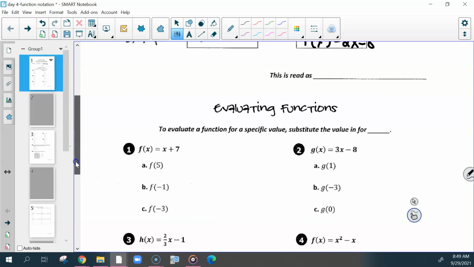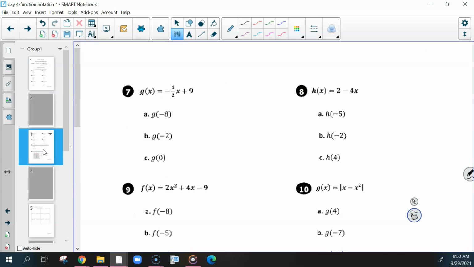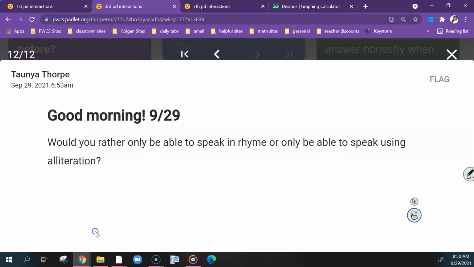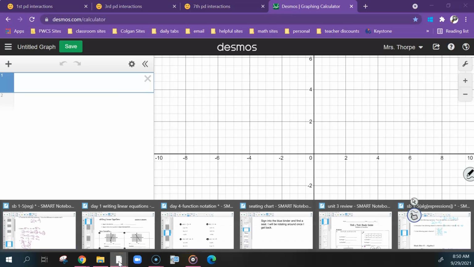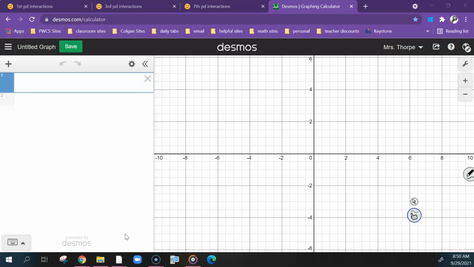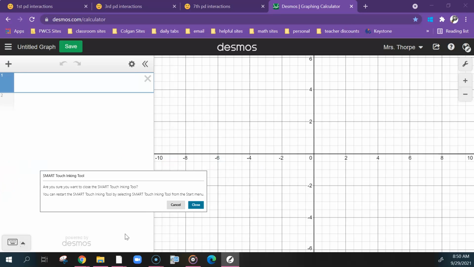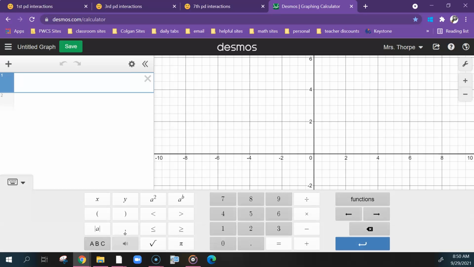The one where you're finding x or the one where you're finding y? That's number 8. I forgot what it was already. 2 minus 4x. Thank you.